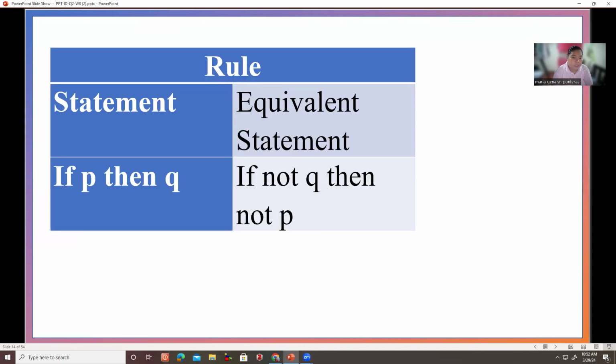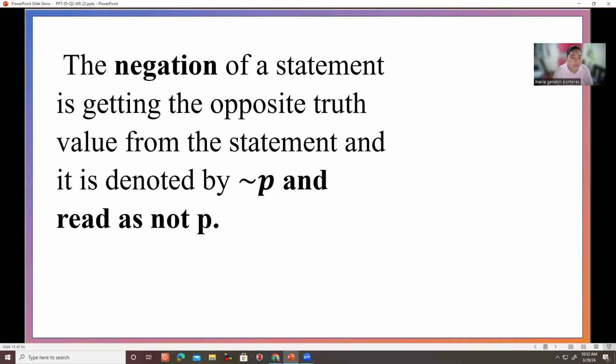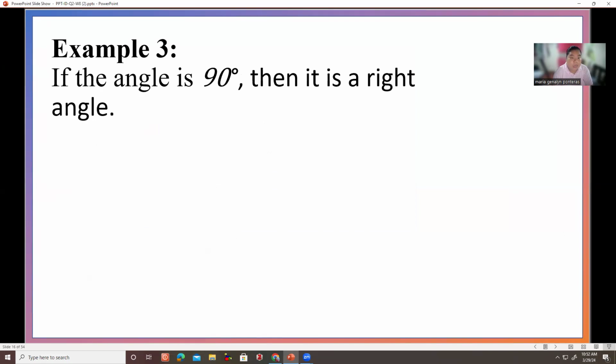We have the statement, if P then Q, then the equivalent is, if not Q then not P. That's the rule. Not P is a negation of a statement wherein you're getting the opposite truth value. So if you have negation, you're dealing with getting the opposite truth value of our statement. The symbol tilde here is read as not P.